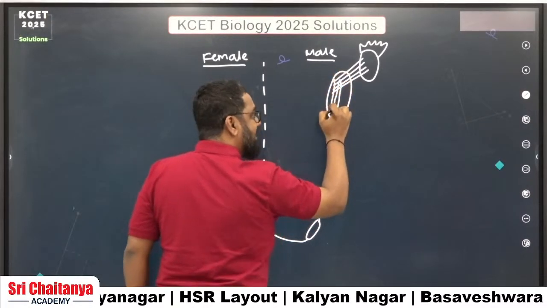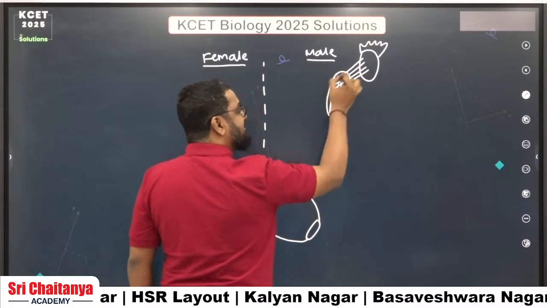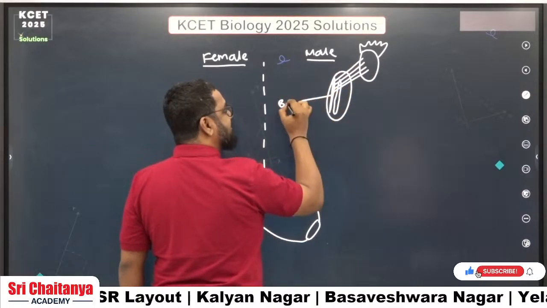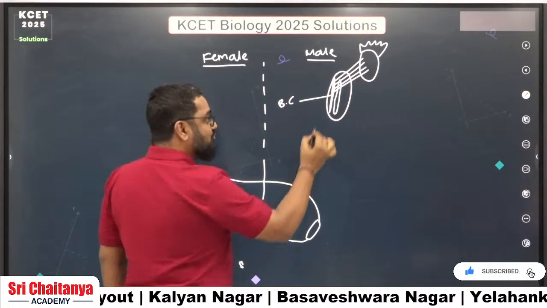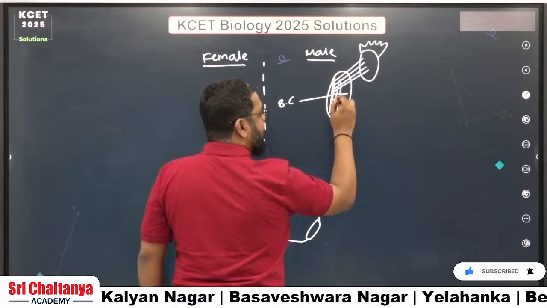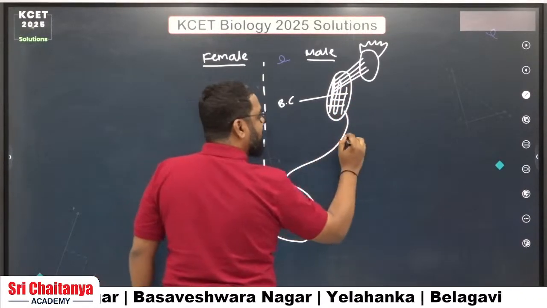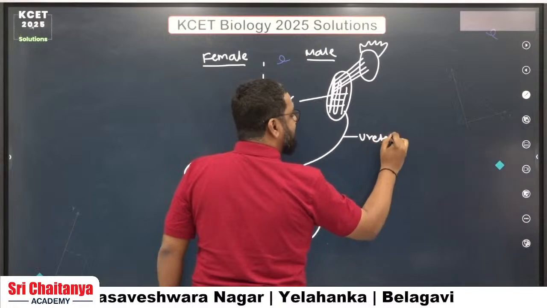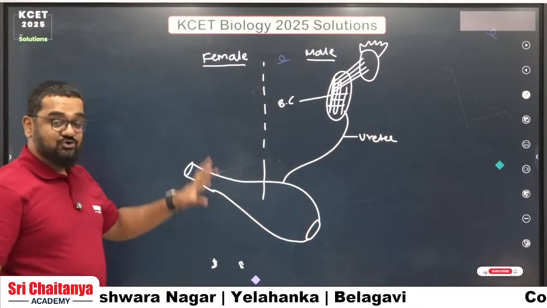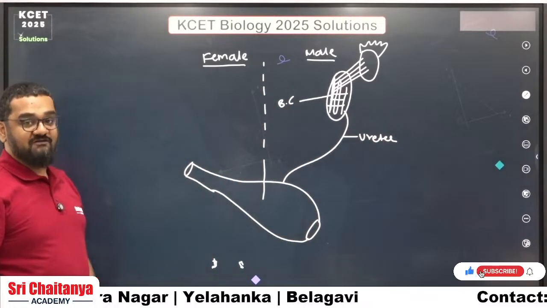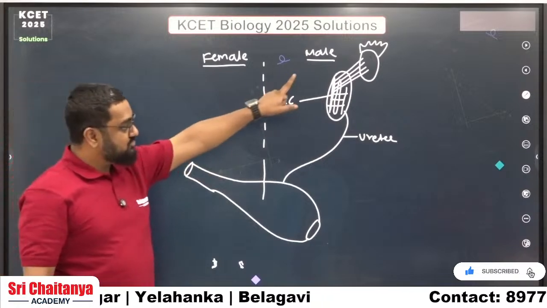Here we have a canal, this canal where the vasa efferentia is opening, this is called as the Bidder's canal, through which it will open into the transverse canals, longitudinal canals, eventually into the ureter. That is why this can be called as urinogenital duct in case of male frogs, because it carries both sperms as well as urine.